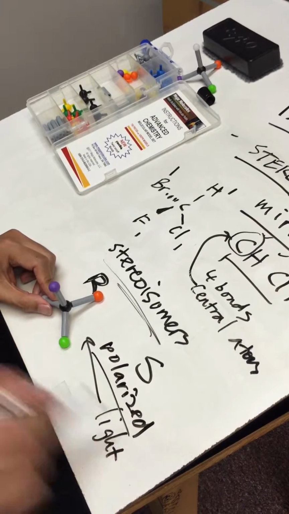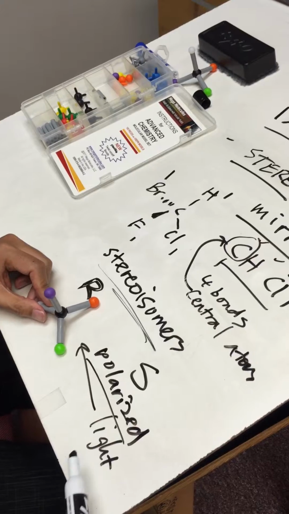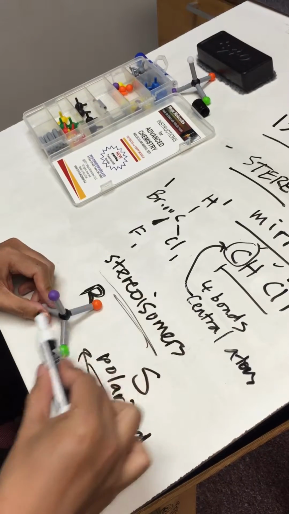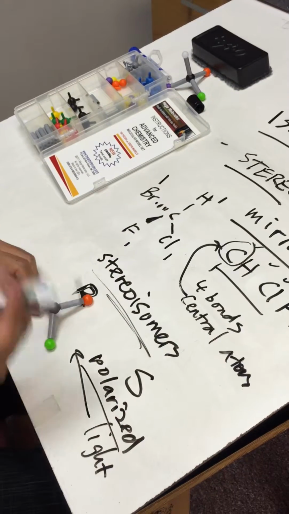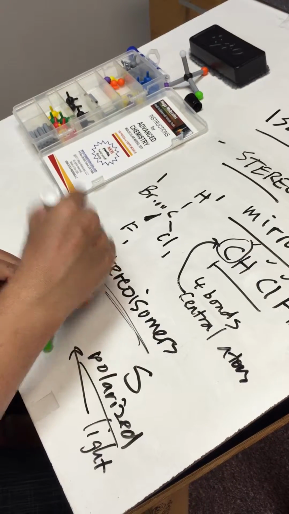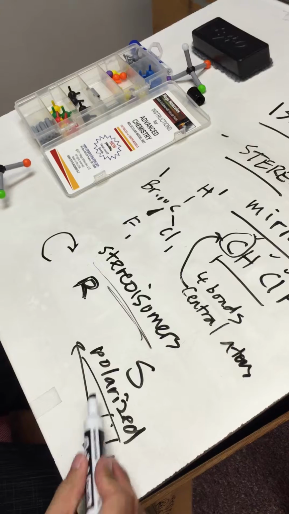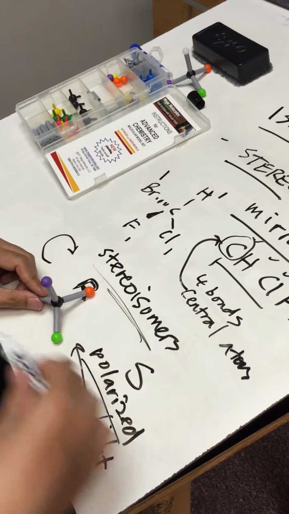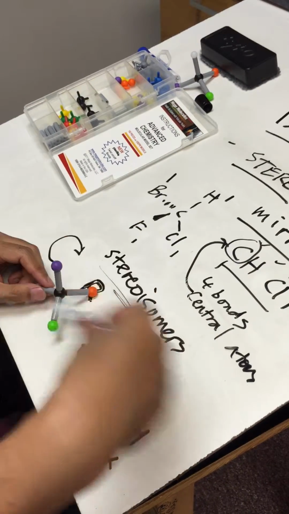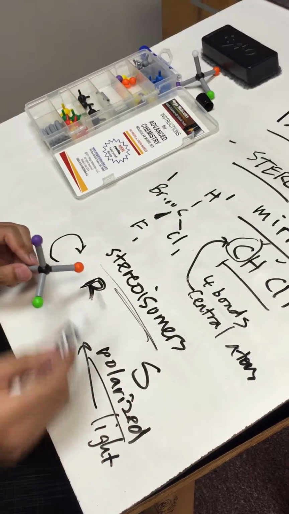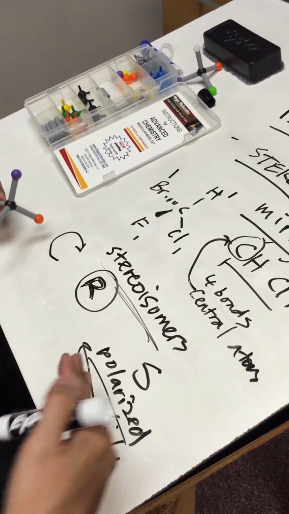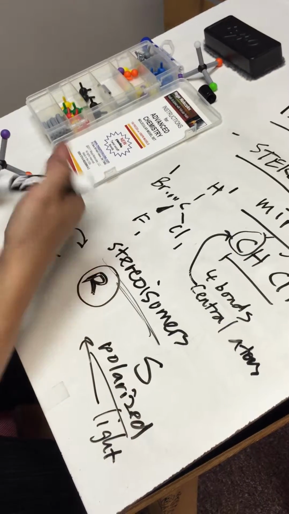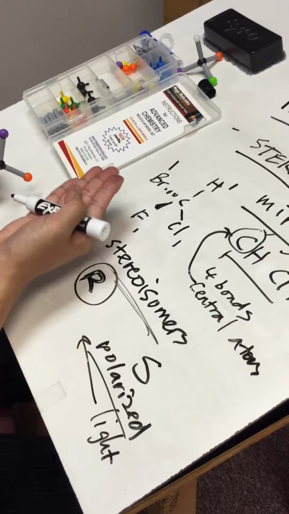You shoot a beam of polarized light to a sample of the R isomer. The R isomer is actually going to turn the light one of the two directions. So you have polarized light going through the liquid or the sample of one of the isomers, let's say the R isomer. It's going to turn the light clockwise or counterclockwise.